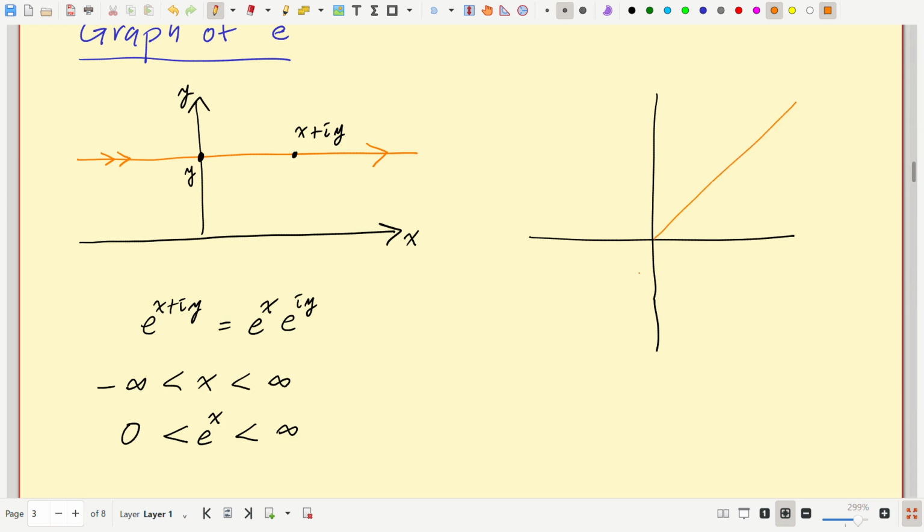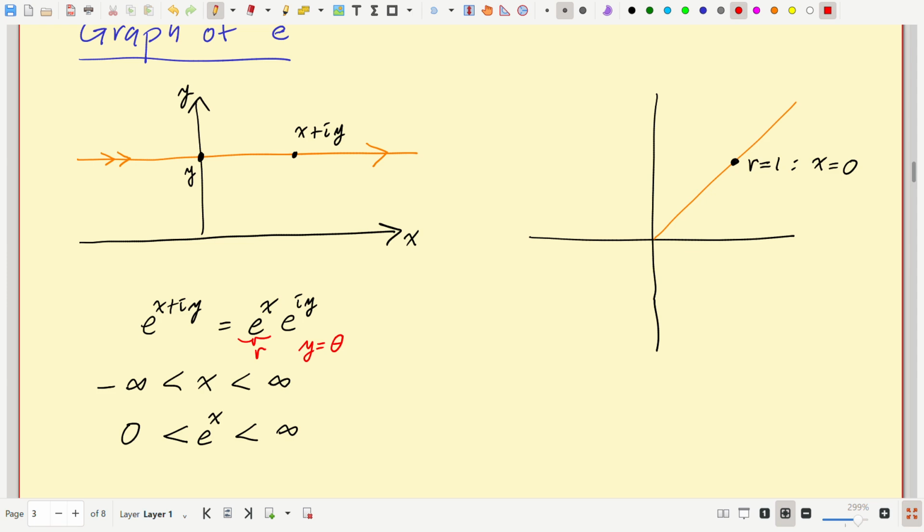Okay? And at radius r equals 1, that's where x is equal to 0. That would be e to the 0. So we see e to the x is the radius here, and y is equal to the angle in the polar form of a complex number.